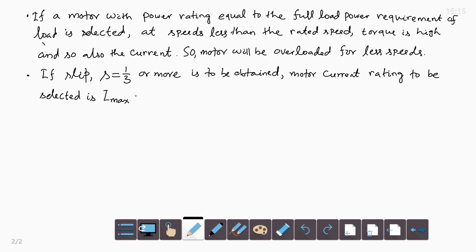If slip is 1/3 or more, the motor current rating to be selected is I max, because you have seen at slip equal to 1/3, current is the maximum current I max. So, the ratio I 1 by I max, which you can obtain from the previous derivations, is 3 into root 3 by 2, (1 minus s) into root over of s.